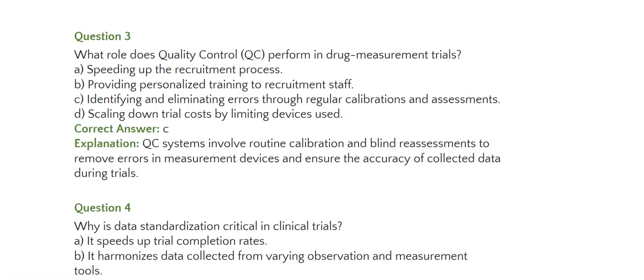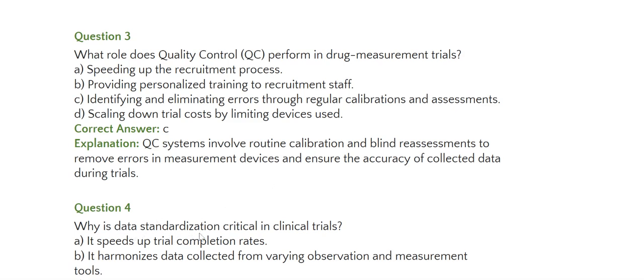From the four choices, the only one that applies to QC would be C, identifying and eliminating errors or bias through regular calibrations and assessments, as QC systems involve routine calibration and blind reassessments to remove errors in measurement devices and ensure the accuracy of collected data during trials.